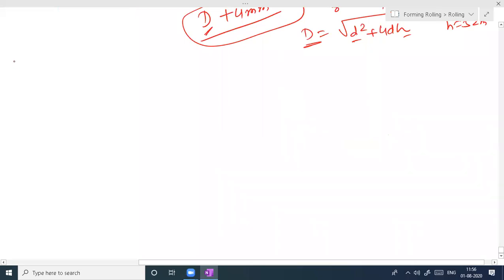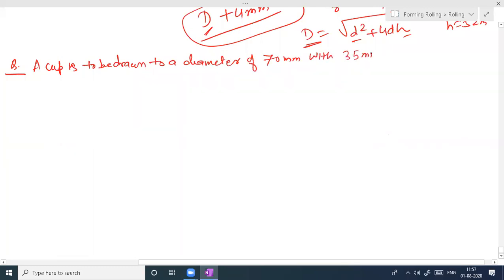Question. A cup is to be drawn to a diameter of 70 millimeter with 35 mm depth from a 0.5 mm thick sheet metal.